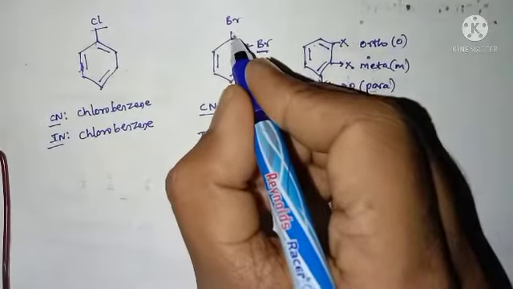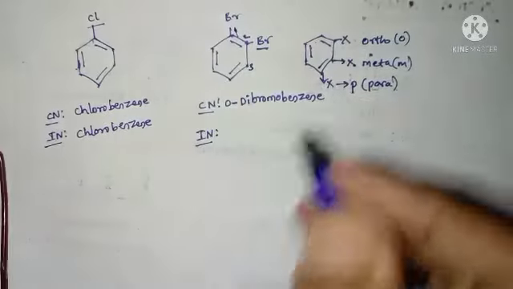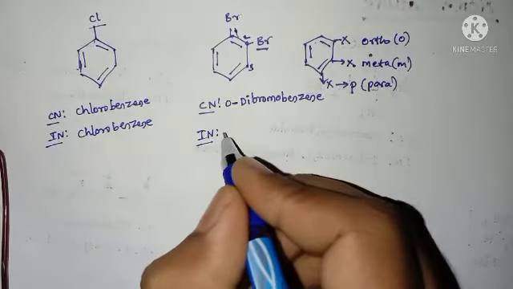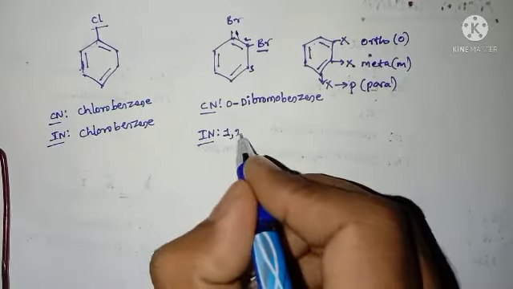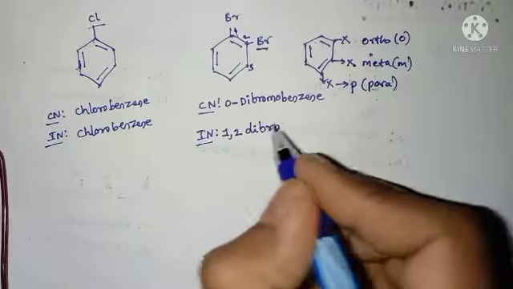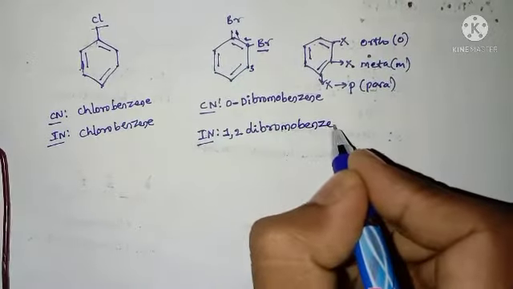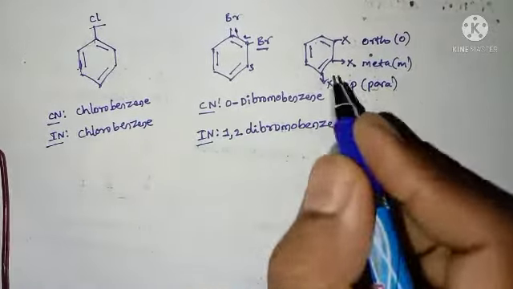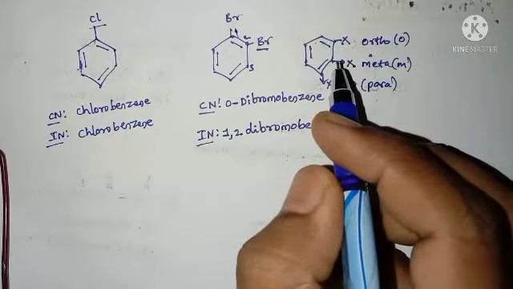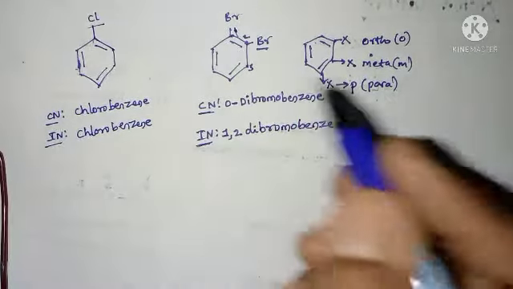Numbering should start from this position: first, second, third. So the IUPAC name becomes 1,2-dibromobenzene, since two bromine atoms are attached to the carbon atoms. So the common name and IUPAC name are like this.